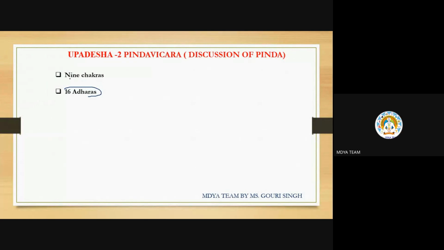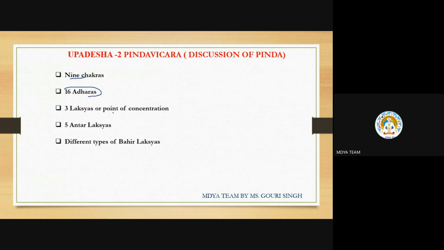Okay. So in this chapter we see that a little deep knowledge is there. Chakras are talked about, 16 adharas are discussed, and the 3 lakshyas or points of concentration. These are the internal antar lakshyas and the bahir lakshyas.